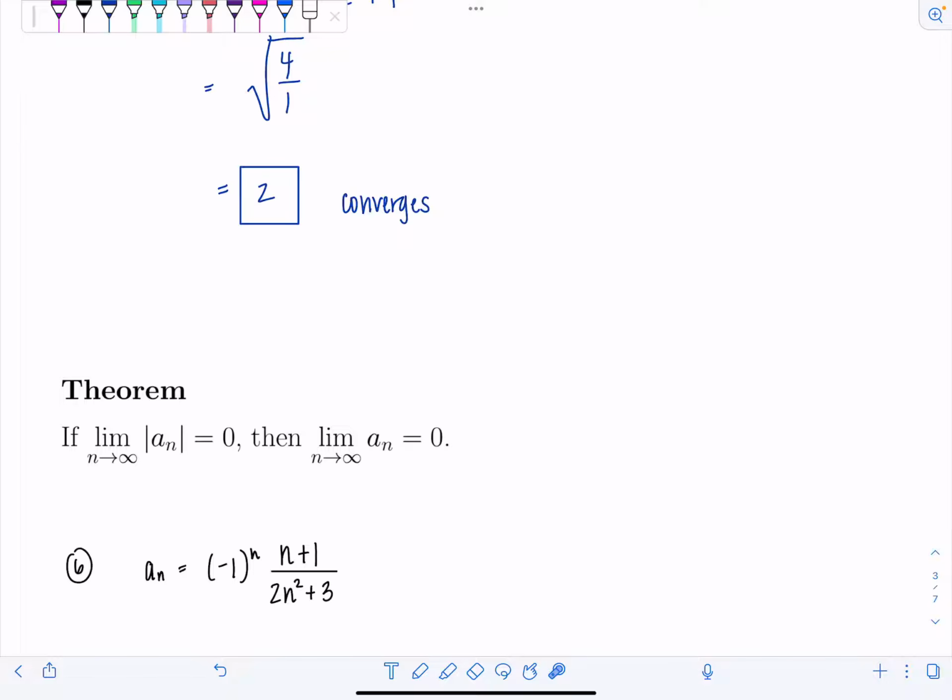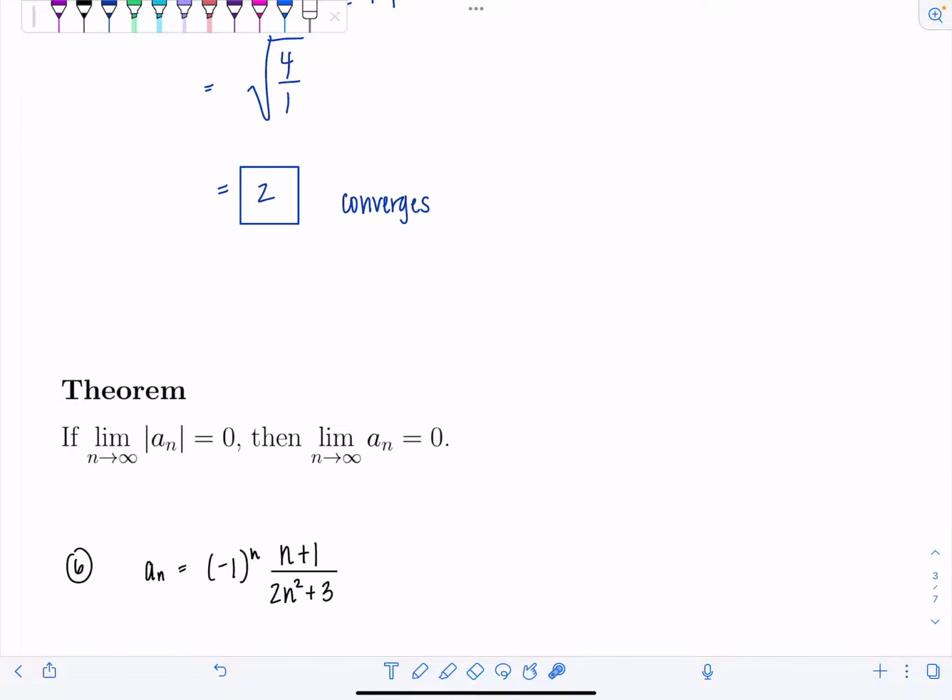I explained this a little bit more in the lecture, but basically if you take the absolute value of the terms and they approach 0, that means they're shrinking in magnitude. Absolute value makes everything positive if it isn't already, or 0, worst case scenario. So if the limit of everything when it's not negative shrinks to 0, then even if the terms bounce between being positive and negative, they are shrinking in magnitude and will approach 0 as well.